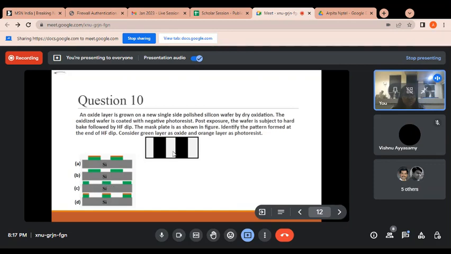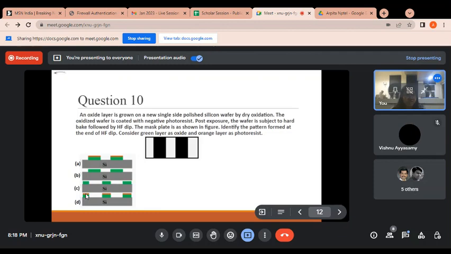Also the third portion, it is the uncovered area. It is the exposed portion. So here also the silicon dioxide is present. So now do you understand? Yes, ma'am. Yes, but after the HF dip, there is no process for the remaining PR removal. That's why the PR is here.